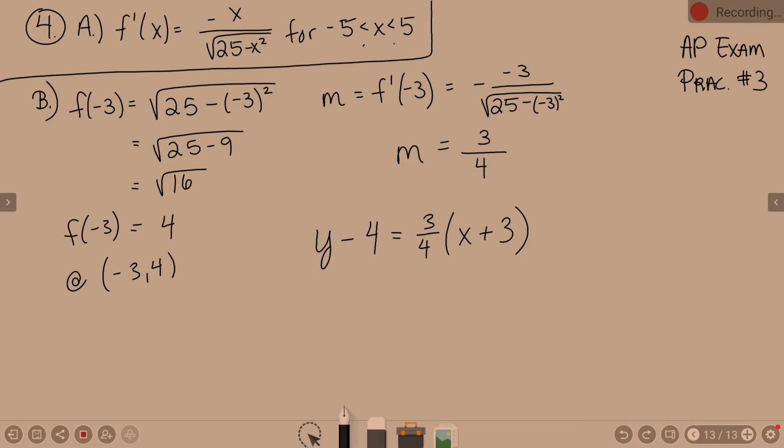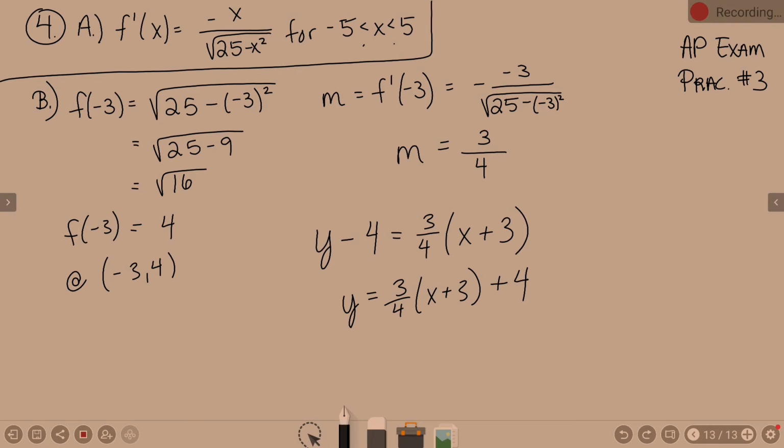Okay. Other equivalent forms. Slope intercept. Then you'd have to find the intercept. Right? Well, you could just work from here though. So other equivalent forms, one would be if it's -4, we can add the 4 to the other side. So you might see 3/4 times x plus 3 and then a plus 4 on the other side. I know Mark and Verge, the two that always do the AP Calc videos and stuff. Mark really likes this form. Whatever.